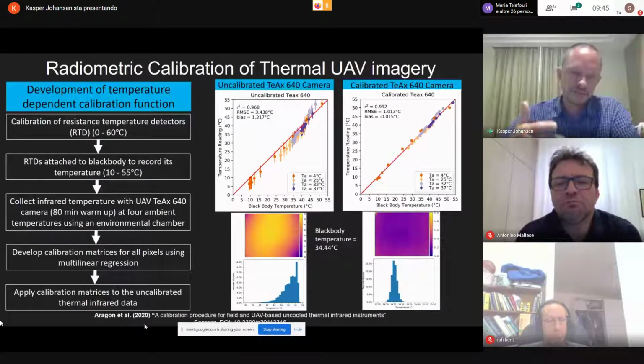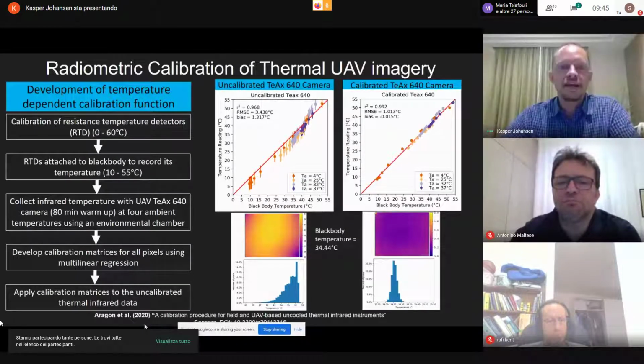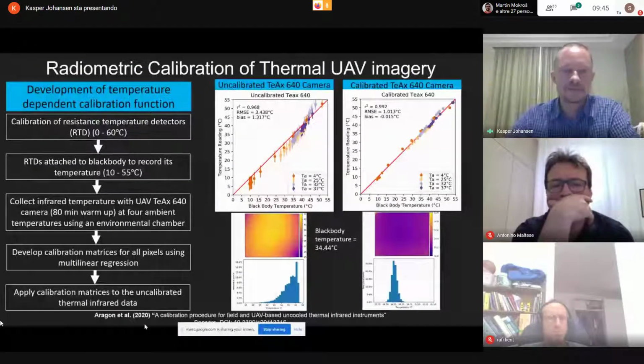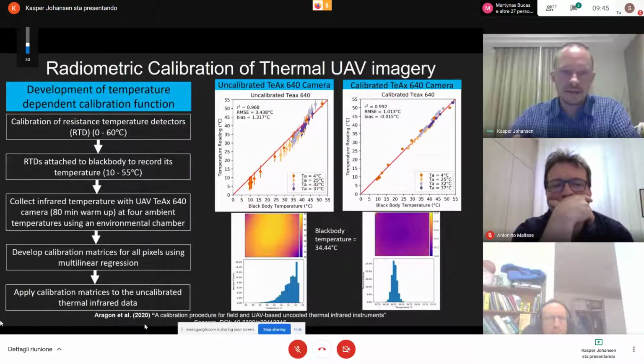The black body was first heated up to 55 degrees and then left within an environmental chamber at a set ambient temperature, also including our UAV thermal sensor, which then measured the gradual temperature decrease of the black body as it cooled down.